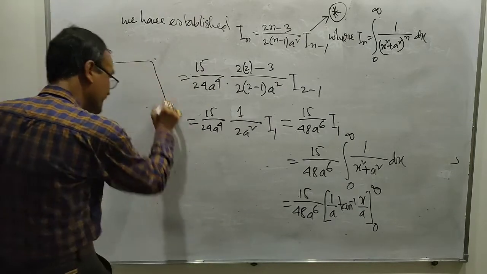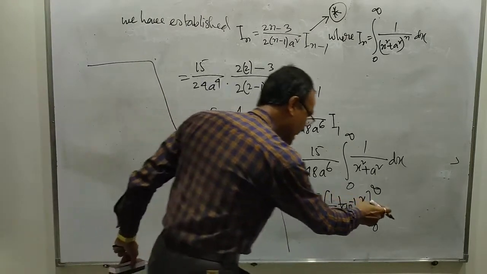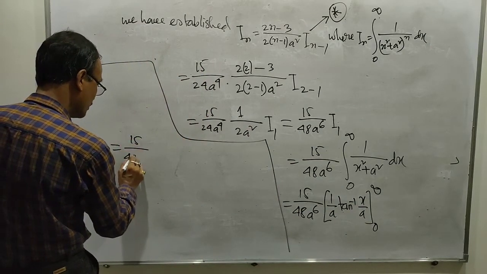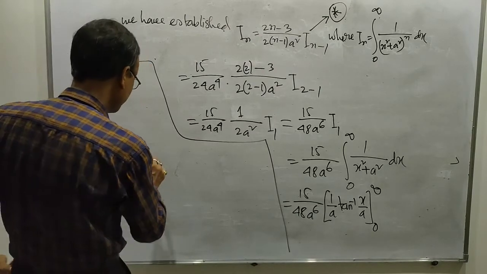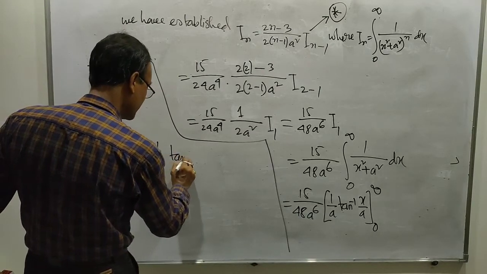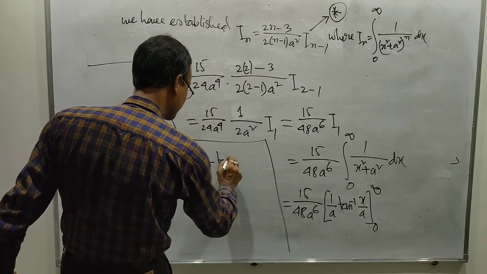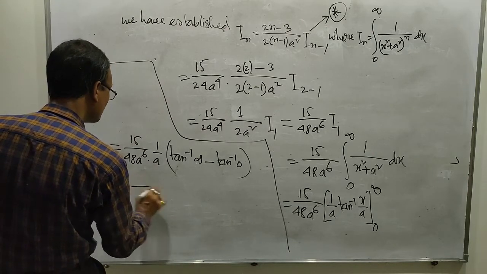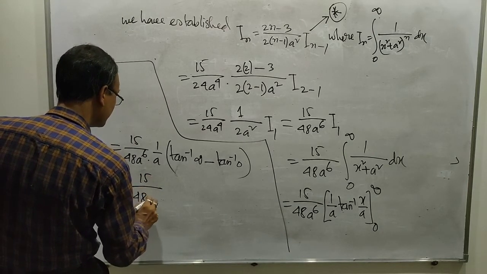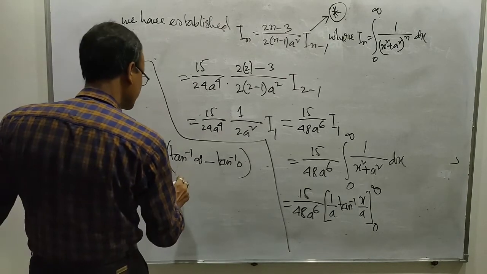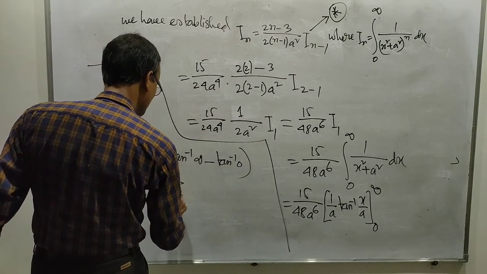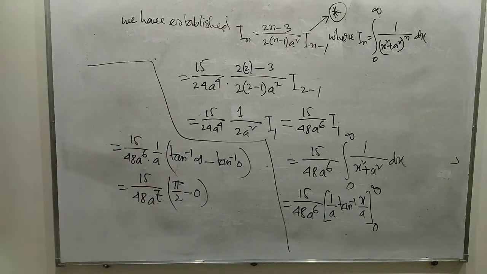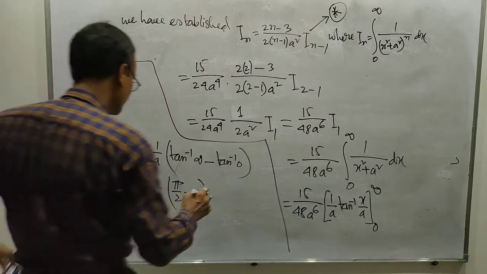The remaining part, I am writing here. This is equal to 15 divided by 48 a to the power 6 into 1 by a, tan inverse infinity minus tan inverse 0. This is equal to 15 by 48 a to the power 7, tan inverse infinity, which should be equal to pi by 2, minus 0.